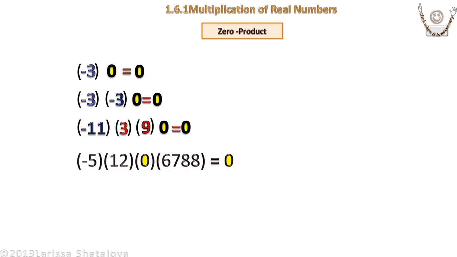In the last example, negative 5 times 12 times 0 times positive 6788, the result is 0. So the 0 factor works like a computer virus. Whatever you're multiplying by 0, it becomes 0.